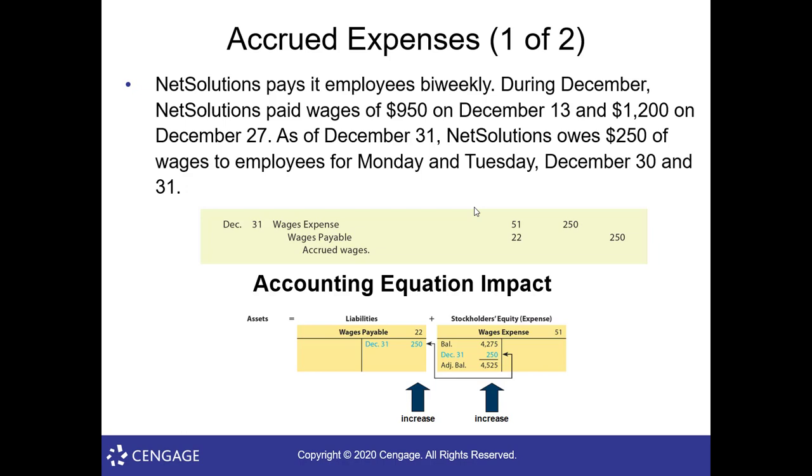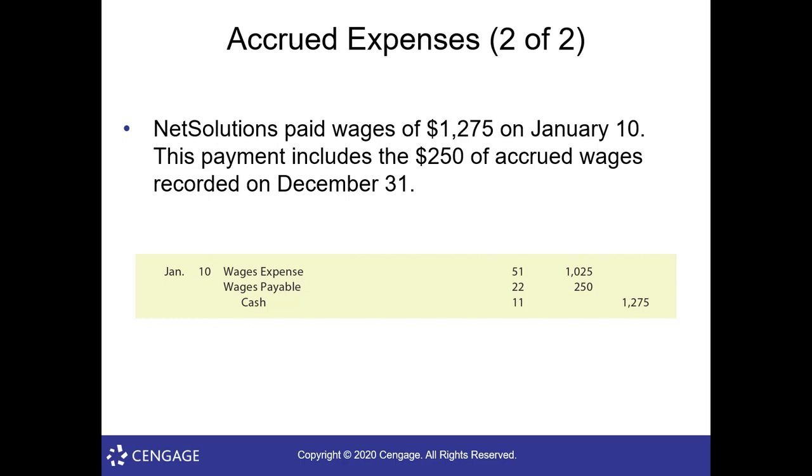So we're going to debit wage expense and then create a wages payable, a new liability. So when we turn around on January 10th and pay that, we'll wipe out that liability. We'll pay the cash to the employees of $1,275, and only the remaining $1,025 will be attributable to January wages.